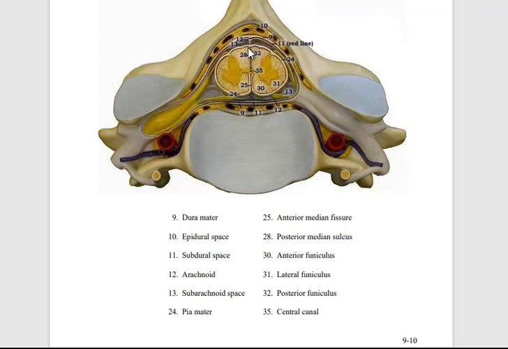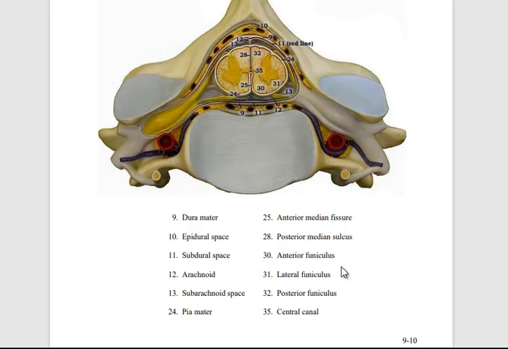It makes a little valley there. So if you're going to mix something up, you probably are going to mix up the anterior median fissure and the posterior median sulcus. So just remember, one of them is a fissure, one of them is a sulcus. And then you've got your three.